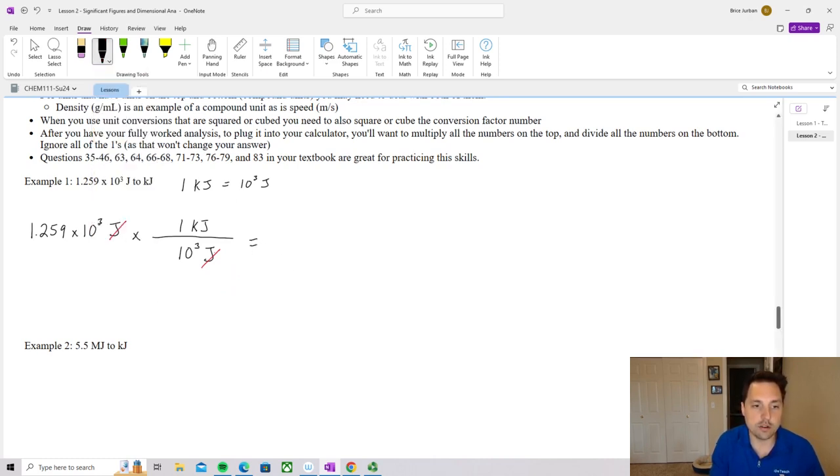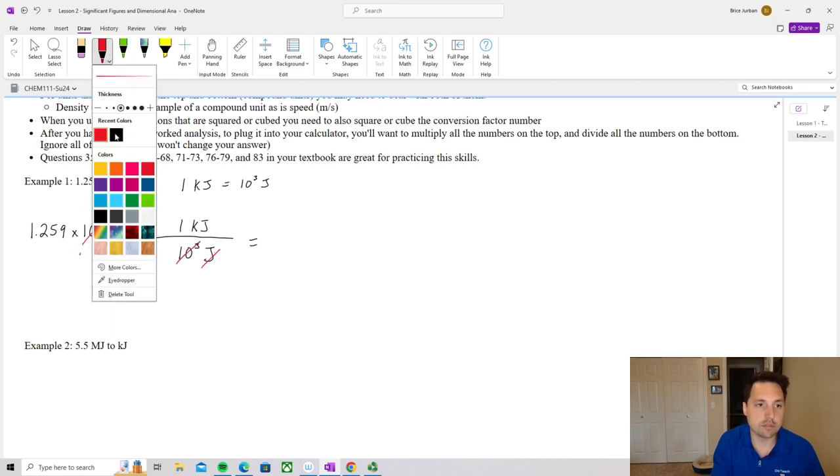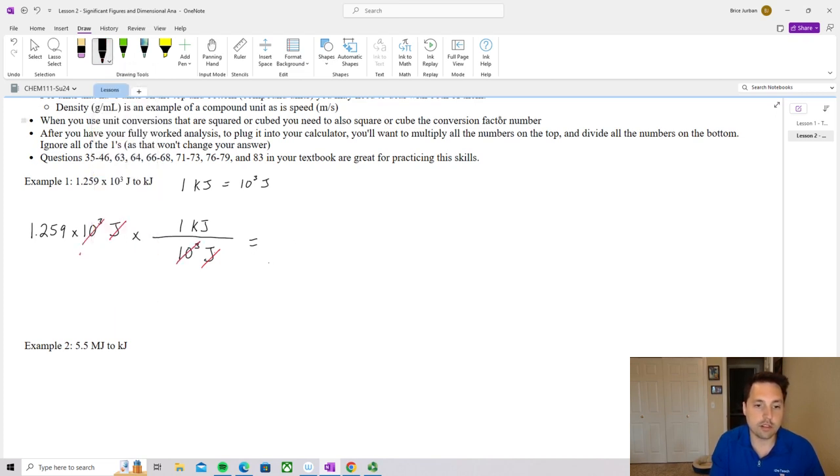So 10 to the third divided by 10 to the third, that's like 10 to the 3 minus 3, or 10 to the 0, which is just 1. So these actually end up getting canceled out. And then we're left with, our answer is just 1.259 kilojoules.